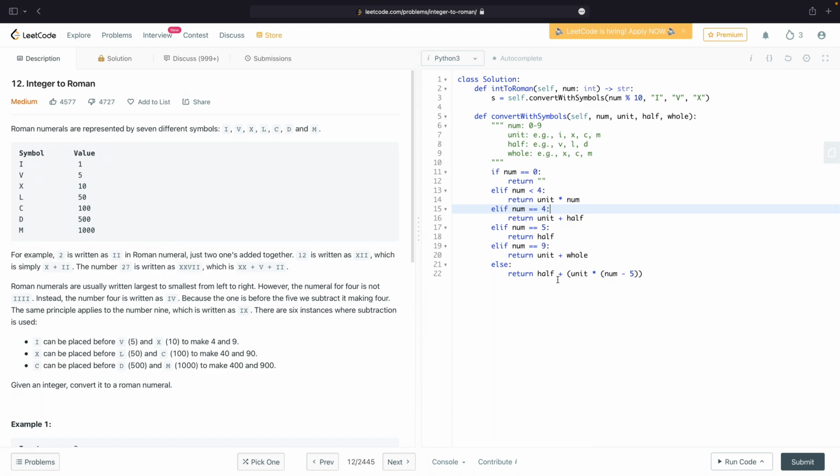And 6, 7, 8 are going to be V and I repeated 1, 2, or 3 times. I think that works.